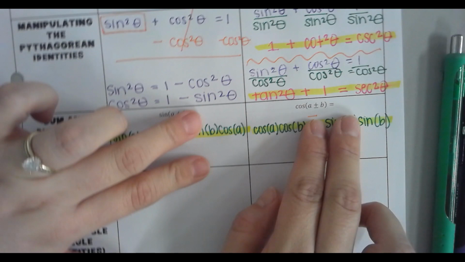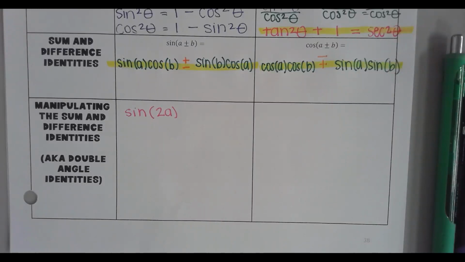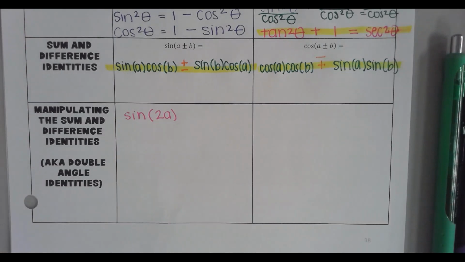And then the last two have sine of 2A. These are called double angle identities. Would you agree if I said 2A is the same thing as A plus A?